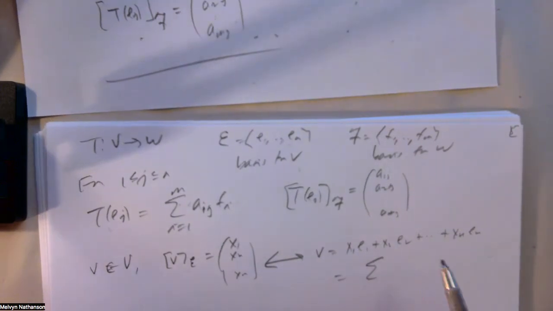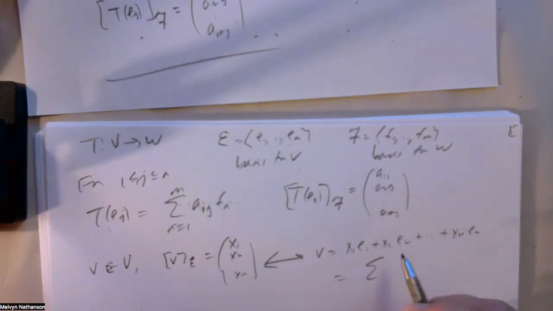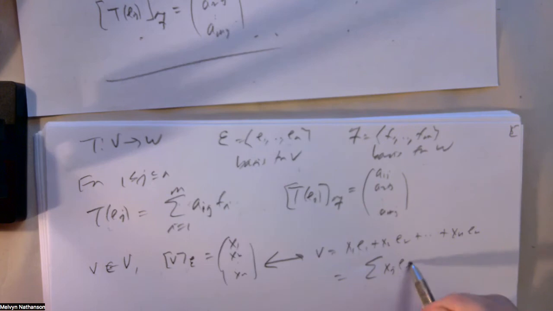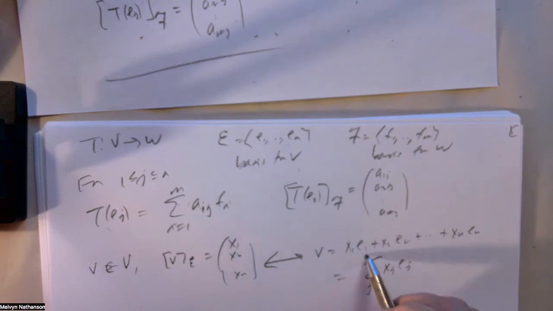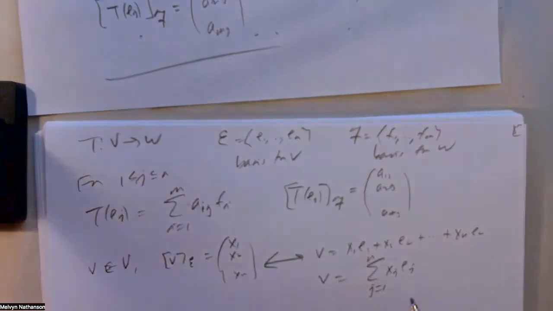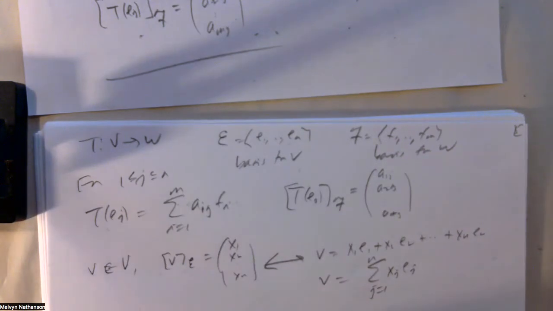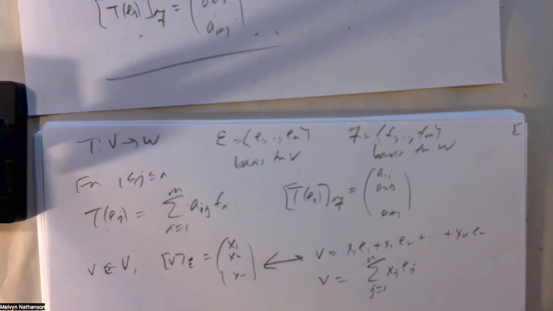Or if you like, the summation of xj ej, j goes from 1 up to n. So what is T of v? T of v is T of the sum xj ej, j goes from 1 up to n.